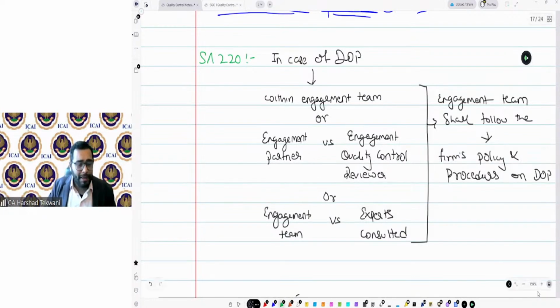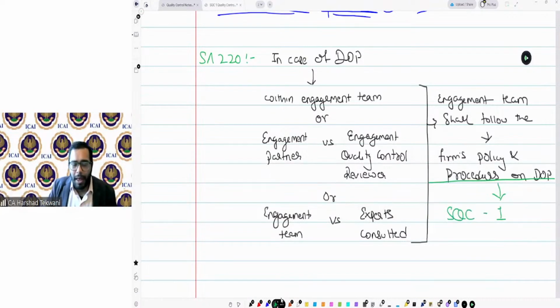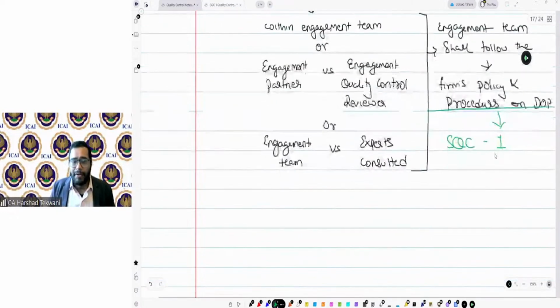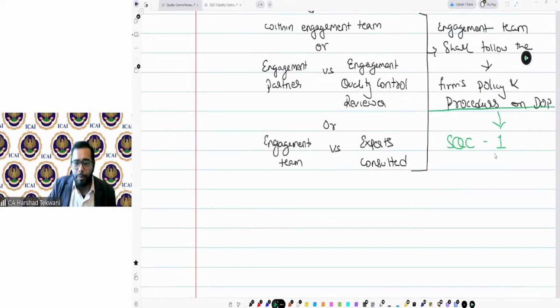Now, that policy and procedure on DOP is something built as per SQC1. Now, what does SQC1 say with respect to the difference of opinion policy and procedure? SQC1 says that the firm should have a policy and procedure.